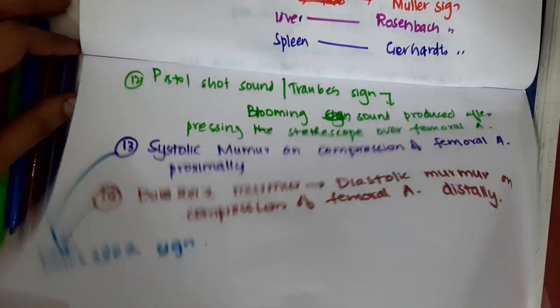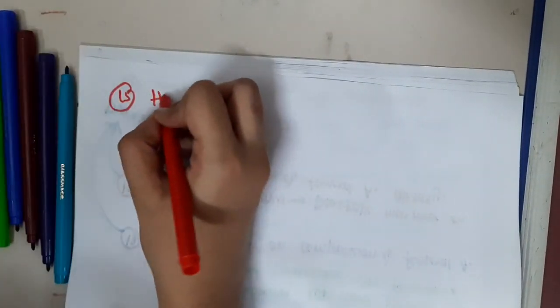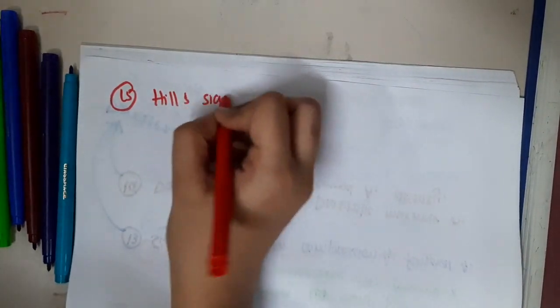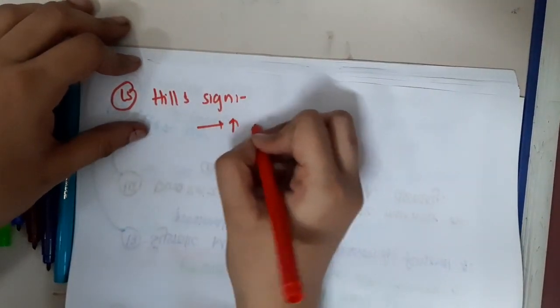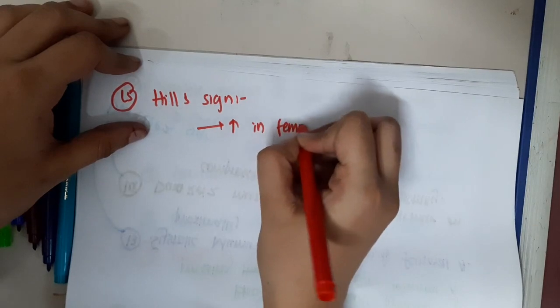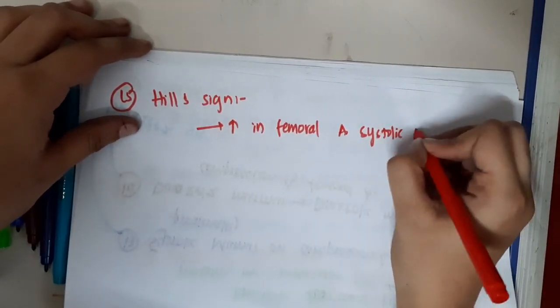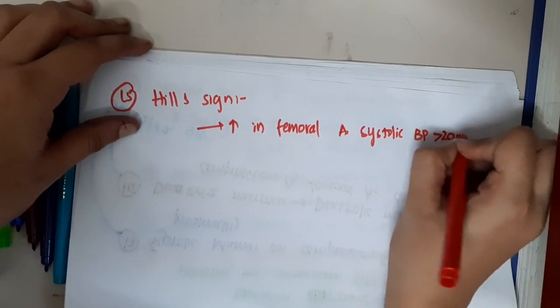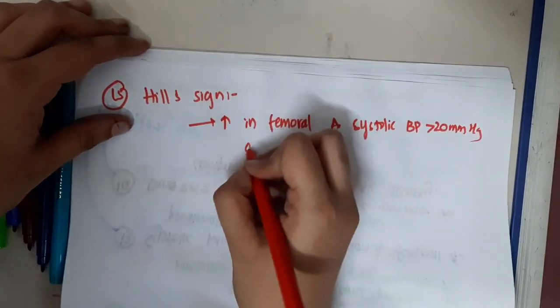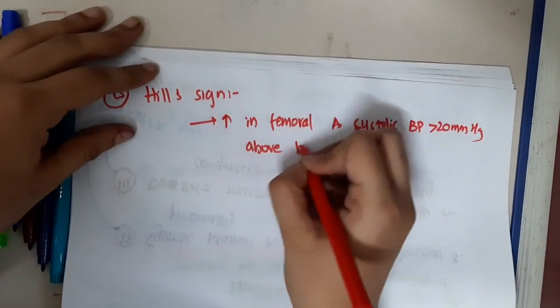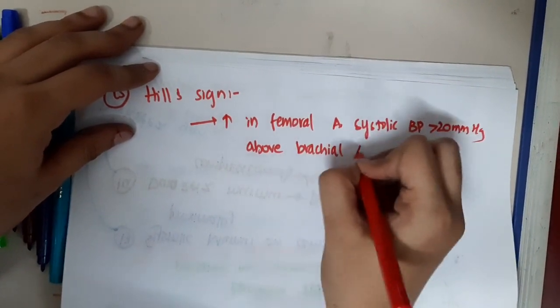Then the next sign, we have Hill's sign. What is Hill's sign? It is an increase in femoral artery systolic BP to more than 20 millimeters of Hg above the brachial artery systolic BP.